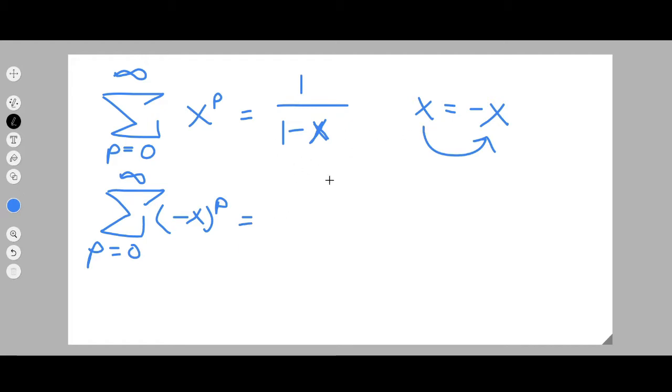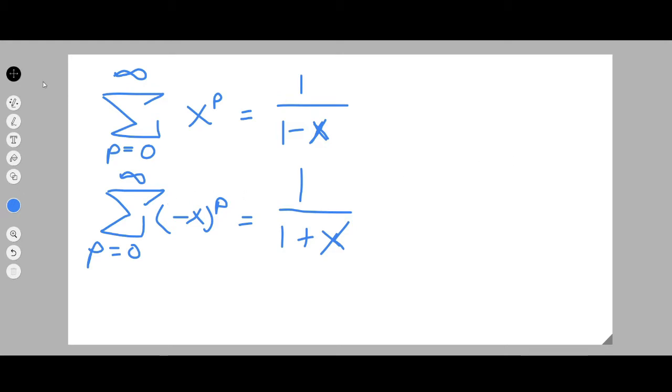We can change x into any value that we want, any assumption that we can make, and we get negative x to the power of p equals 1 over 1 plus x. And this change of variable is valid because, I hope through your intuition you can figure out why this is a logical step that you can take.